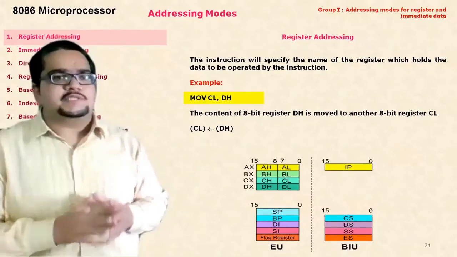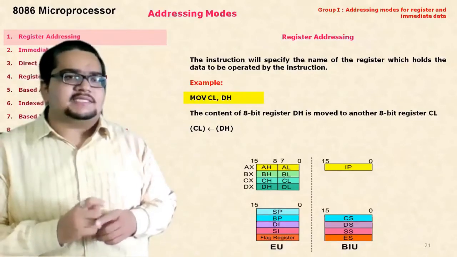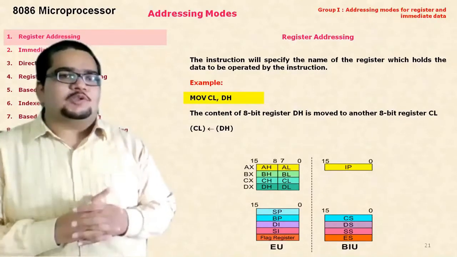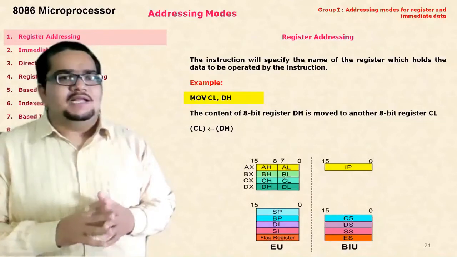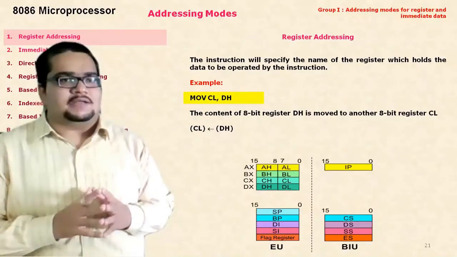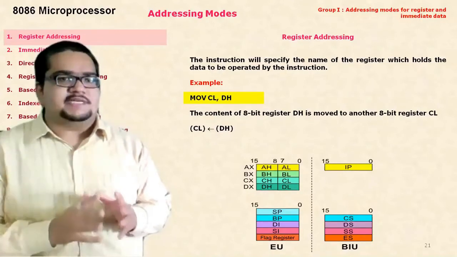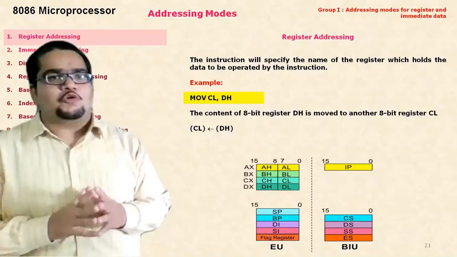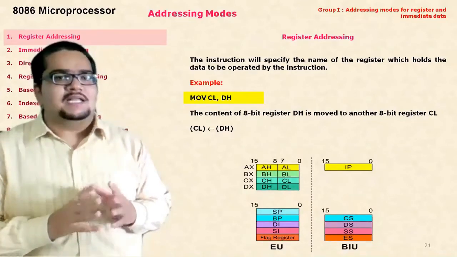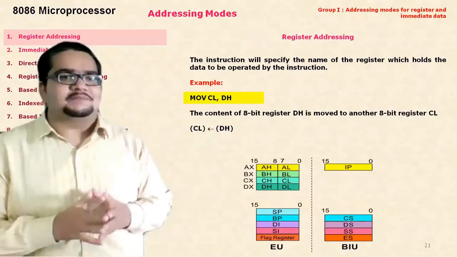MOV CL, DH means there is some 8-bit content available in the DH register which we try to move into CL. One thing about the move instruction you have to understand is that even though it says move, it does not move the data, but copies the data. Moving would mean completely removing it from DH and placing it into CL, but that is not going to happen here. A copy of what is there in the DH register will be made into the CL register. So basically your move is a copy here.